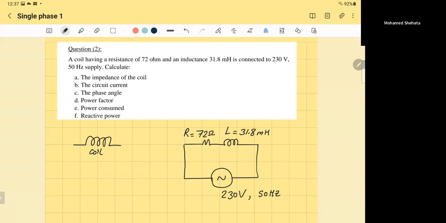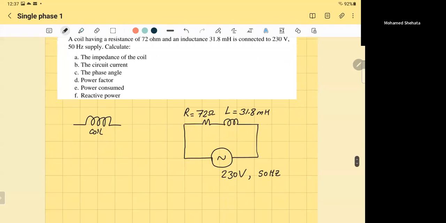Nobody gives the big value, because when you look at the outlet in the wall and measure the voltage coming out with a voltmeter, it's root mean square. So I understand that the source has voltage equal to 230 volt, and I'll remind myself it's root mean square, and the frequency is equal to 50 hertz.